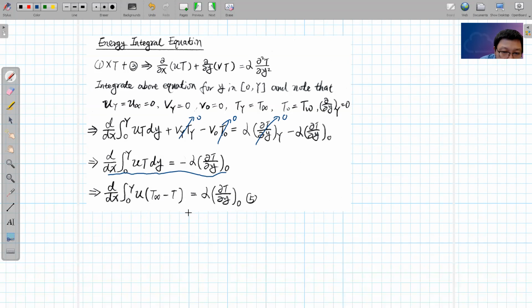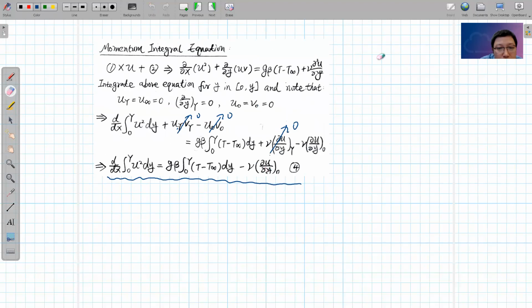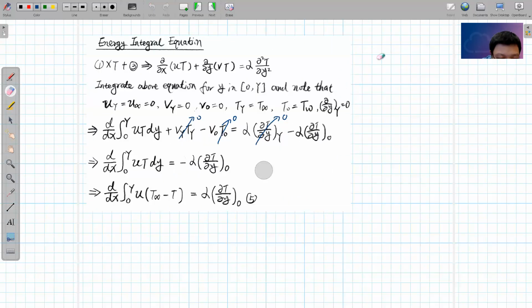So now we have these two integral equations available, equation 4 and equation 5. This is the momentum integral equation, and this is the energy integral equation.